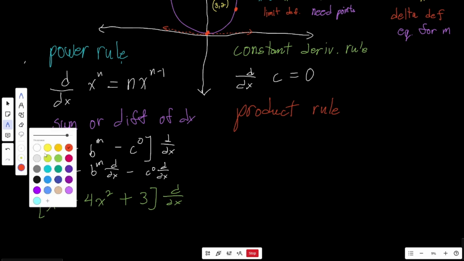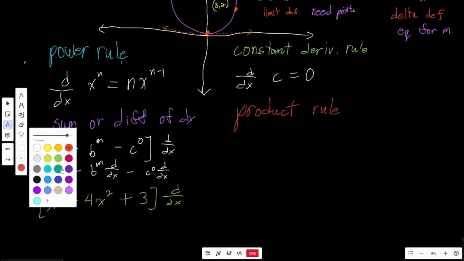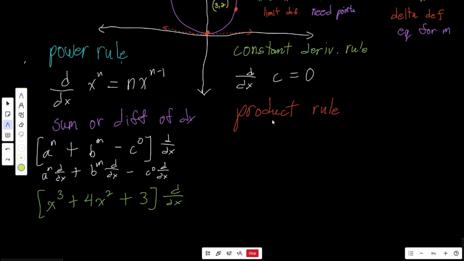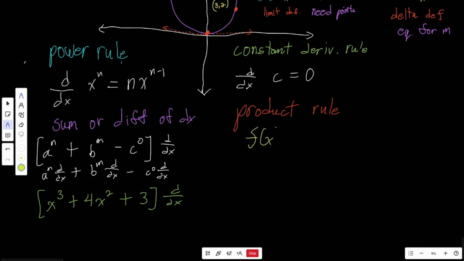That's basically what it means. Just as multiplication is repetitive addition, for the product rule we're going to be involving the multiplication of two functions. So basically it's like f of x times g of x. That is when we use the product rule.